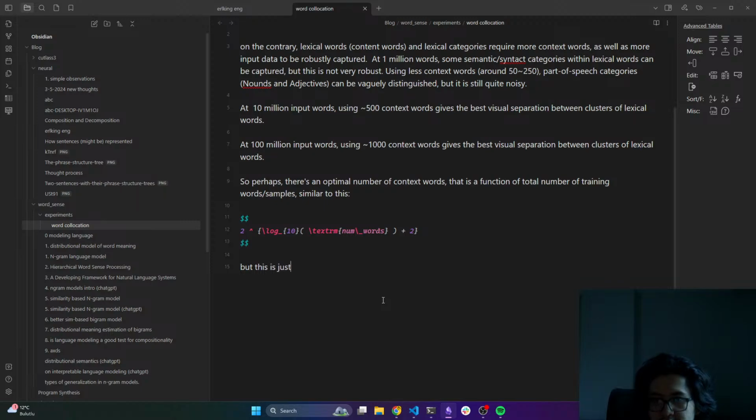But this is just eyeballing. This all came from simply eyeballing some plots.